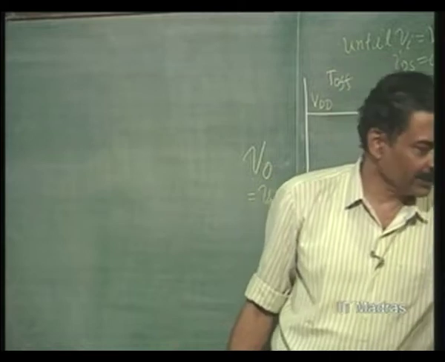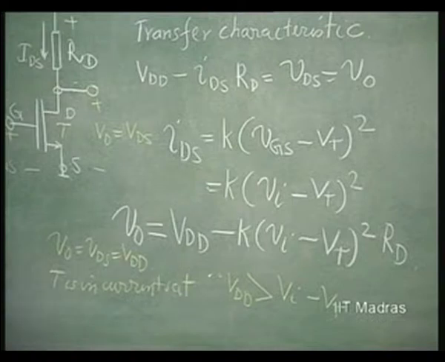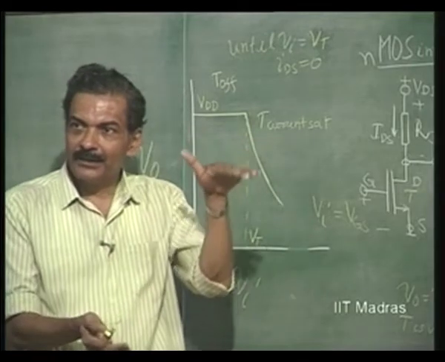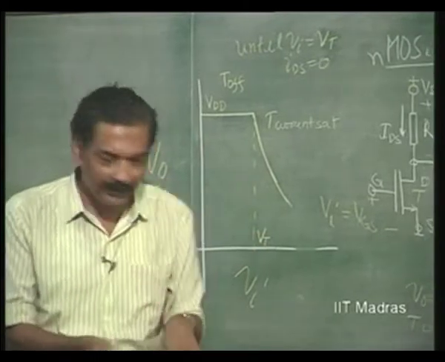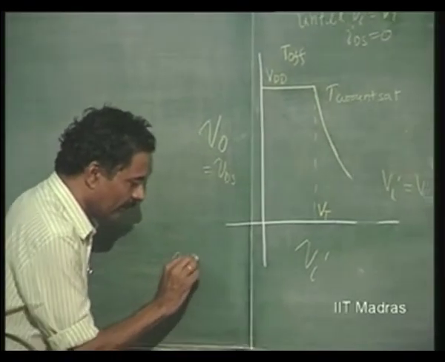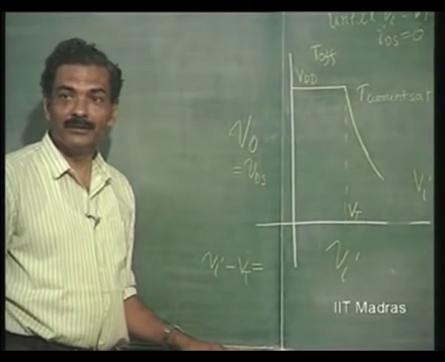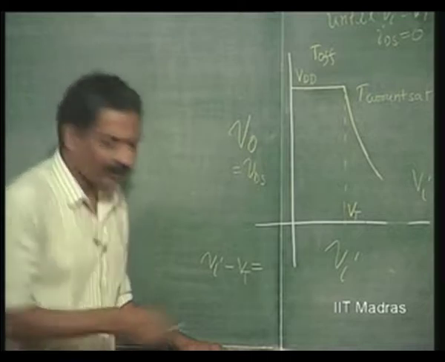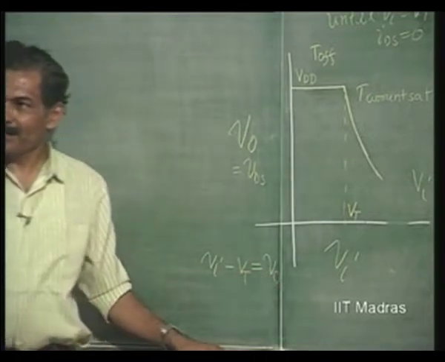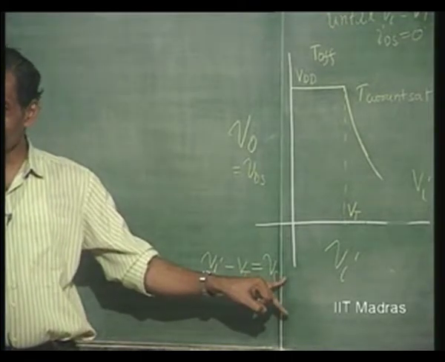Initially VDD is greater than Vi minus Vt. Now VDS is decreasing, not only that, Vi is increasing. So, there must be some point at which Vi minus Vt becomes equal to VDS, or V naught. What is that point?